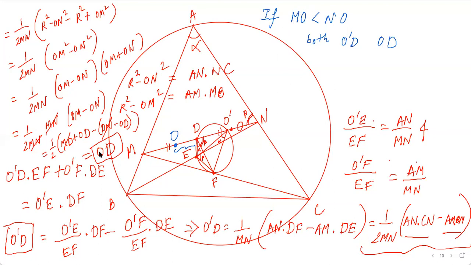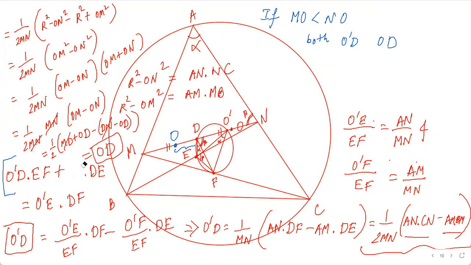So the logic behind it is this: when we are applying the Tolerance theorem, look at the direction. We are considering the anti-clockwise direction as the positive direction. So O'B is in the anti-clockwise direction, and EF is in the anti-clockwise direction. Now O'F and DE, let's also write them in the anti-clockwise direction.